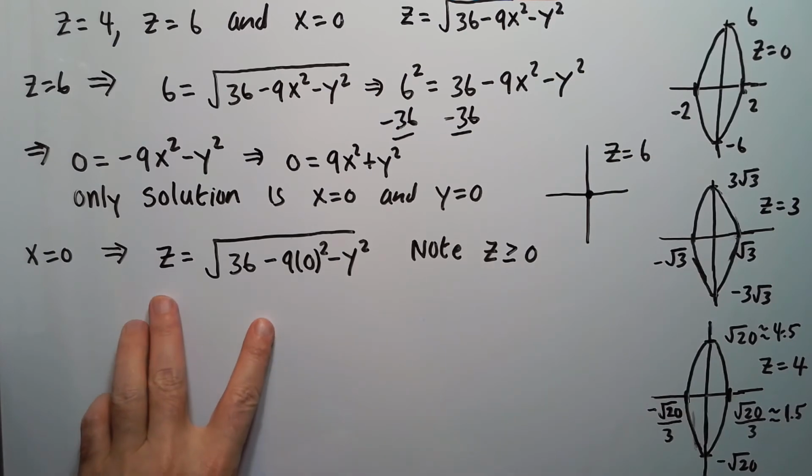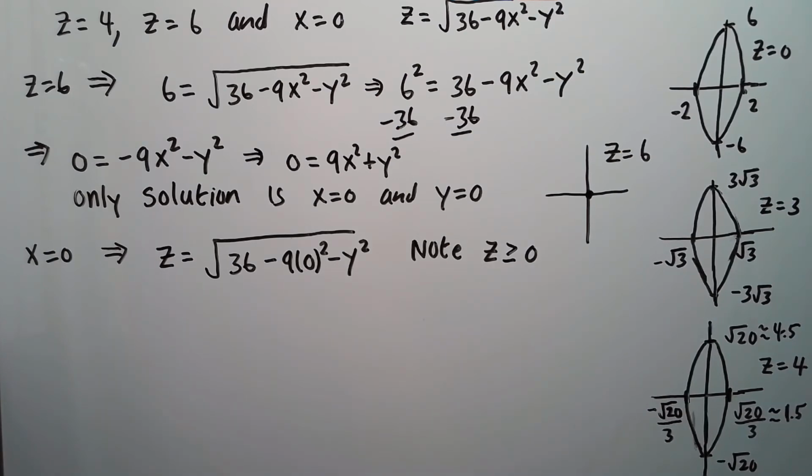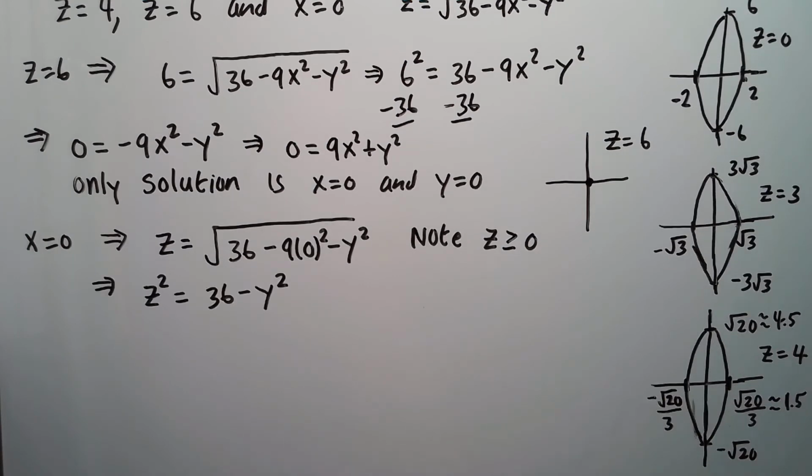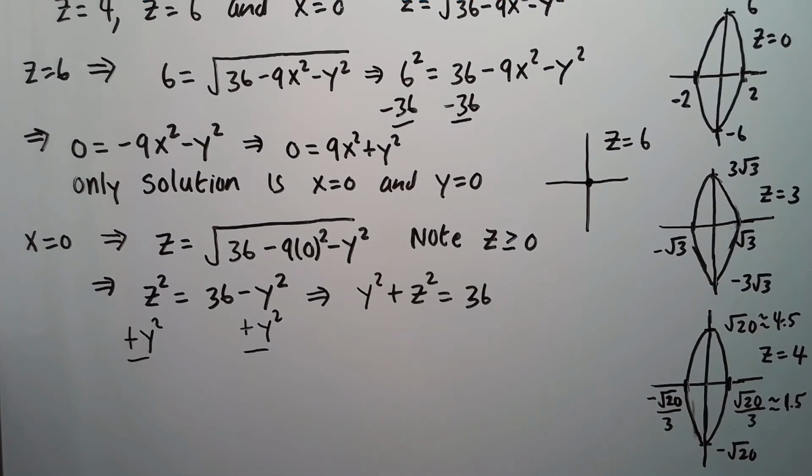So let's square both sides. So we get then z squared equals 36 minus y squared. Then let's add y squared to both sides. So we get then y squared plus z squared equals 36. And the 36 we can replace with 6 squared. So let me replace 36 with 6 squared here.